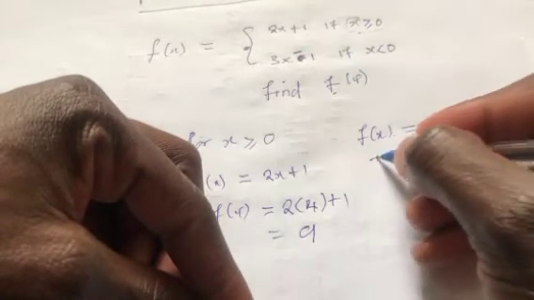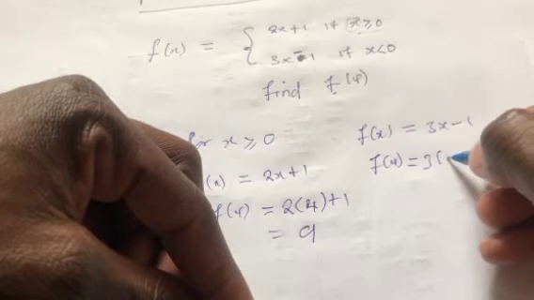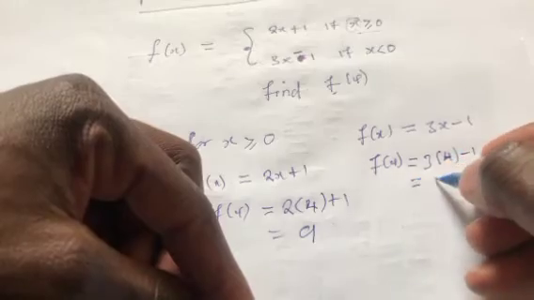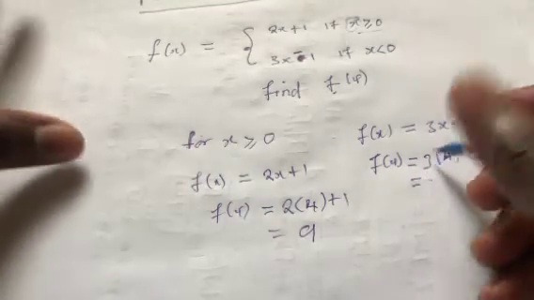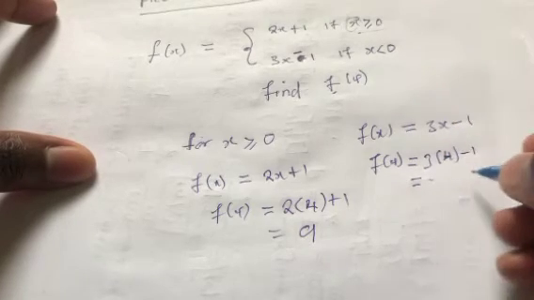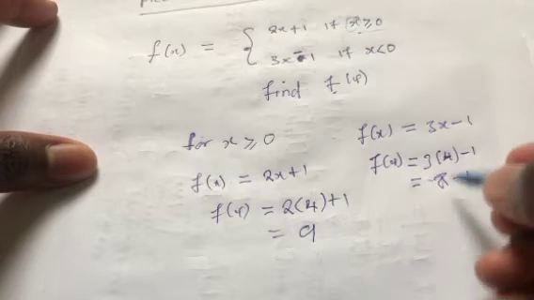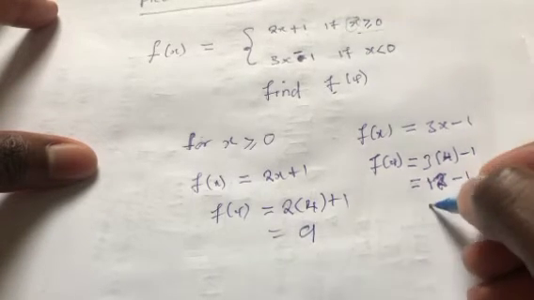And definitely, if you say f of 4, this has to be equal to 3 times 4 minus 1, which is 12 minus 1, this is 11.